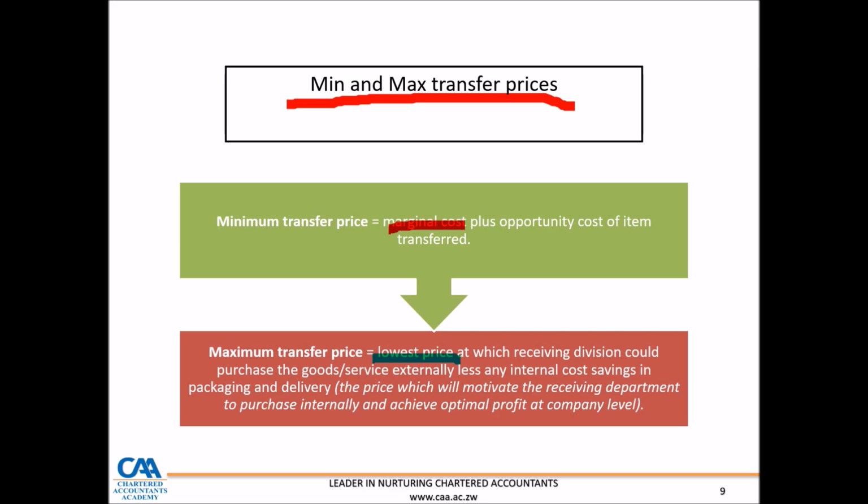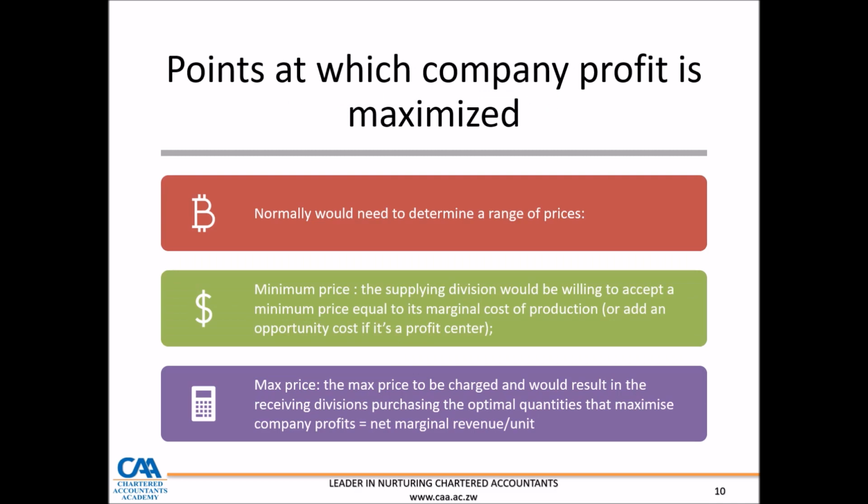That takes me to the next biggest question. What is the point at which company profit is maximized? In making the decision on the minimum price and the maximum price, the key requirement is that we need to maximize company profit. So we need to determine the optimal production that would enable the company to maximize its profit.